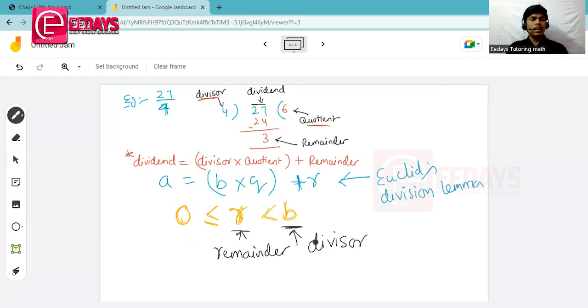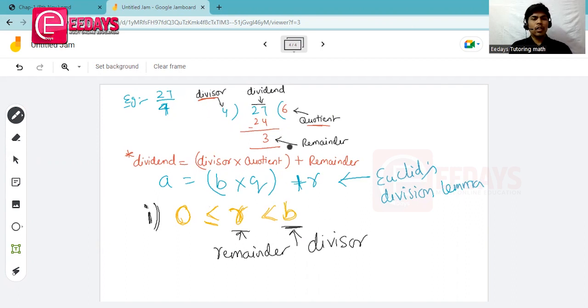If you understand carefully, then you can answer the MCQs that were asked in your main examination. If they ask what the Euclid lemma condition is, then you can write this condition: 0 less than or equal to r less than b.